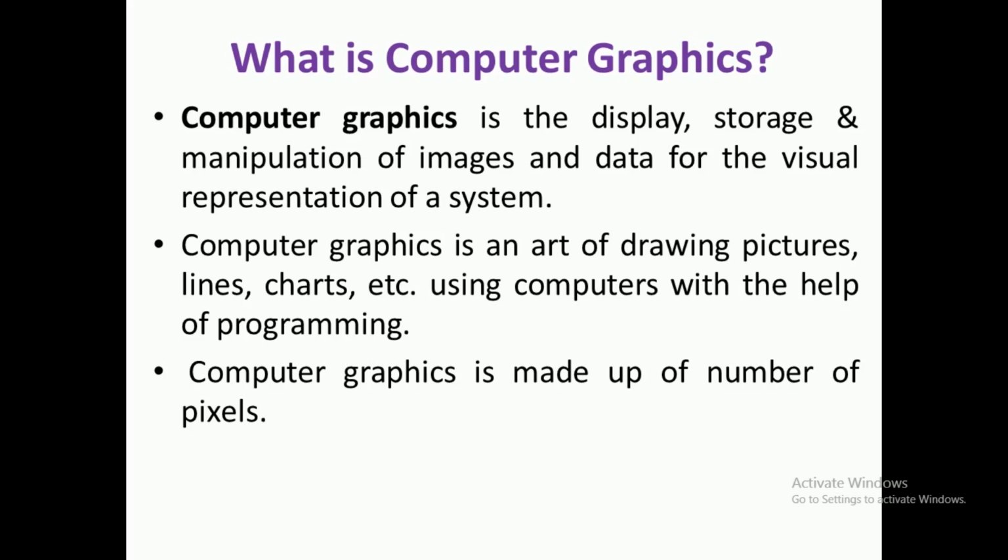Means we are using computer graphics for displaying the image, storing the image. Then you can manipulate, means you can change, you can modify the images as well as data. Not only images, if you want you can change data as well as images as per your requirement, for the visual representation of the system.